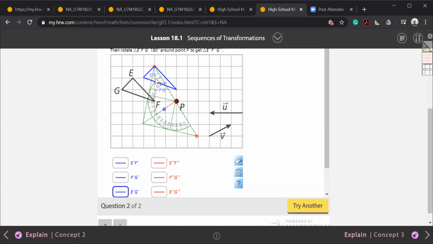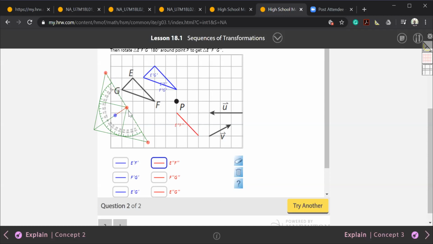Because I am using my protractor as a ruler. But this is the distance from here till here, so I'm copying it on the other side. So this will be E double prime. So F double prime was here and E double prime was there. We can draw it now. So E double prime, F double prime.